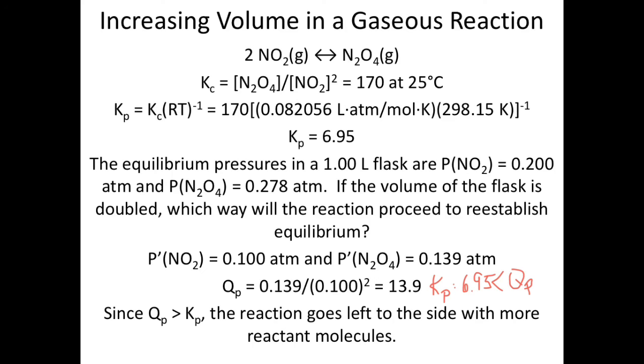So we're reestablishing the equilibrium in order to fill that space again, and to do that you have to increase the number of molecules, and the way to do that is to go, in this case, from products to reactants. If the reaction was the other direction, N2O4 going to 2NO2, then the reaction would proceed to the right, producing more NO2 gas as you increase the volume.